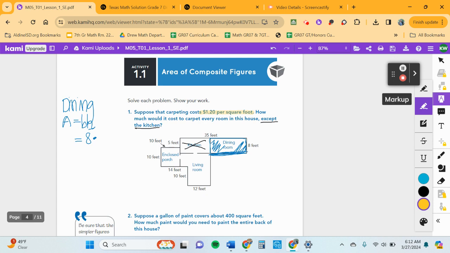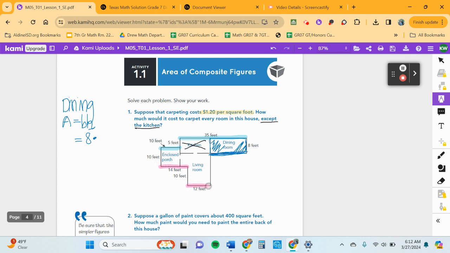So I'm going to go ahead and highlight the necessary information I need to figure that out. So I know that the full length from left to right here is 35, and then the full length from here to here is 10. So I'm going to add those. That gives me 45. So I've got 45 is my full length from the left to the right. Now I'm going to subtract, use pink. I'm going to subtract what I do know. So I know that this part is 14.